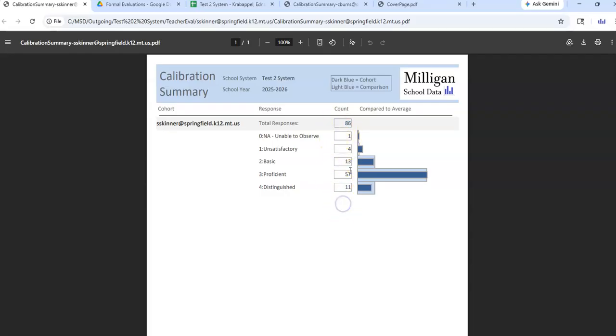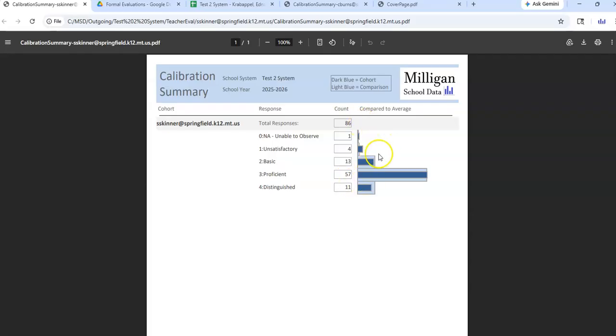The value of this report is that the light blue bars behind your bars represent the crowd. They represent how many responses to each of these components everybody who did an evaluation in my system gave in the school year we're looking at.